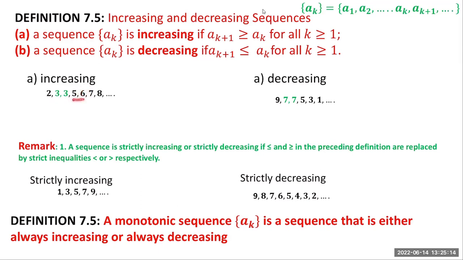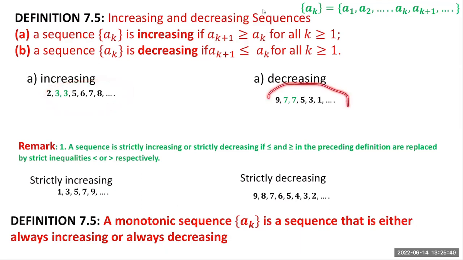If you take this pair, 6 is bigger than or equal to 5, right? If you take this pair, 3 is bigger than or equal to 3, right? That's the correct statement. 3 is bigger than or equal to 3. Of course, 3 is equal to 3, but it falls within the conditions of this inequality, right? So this is an increasing sequence.